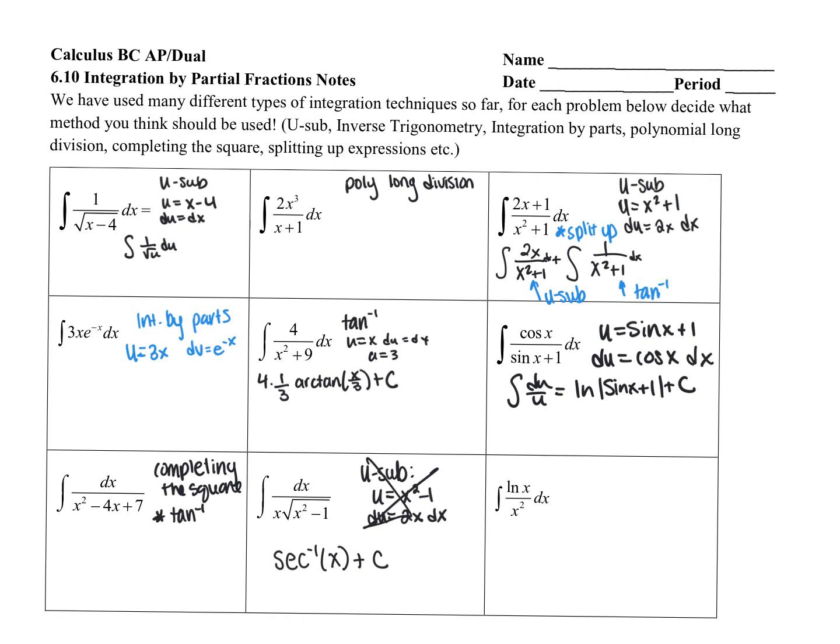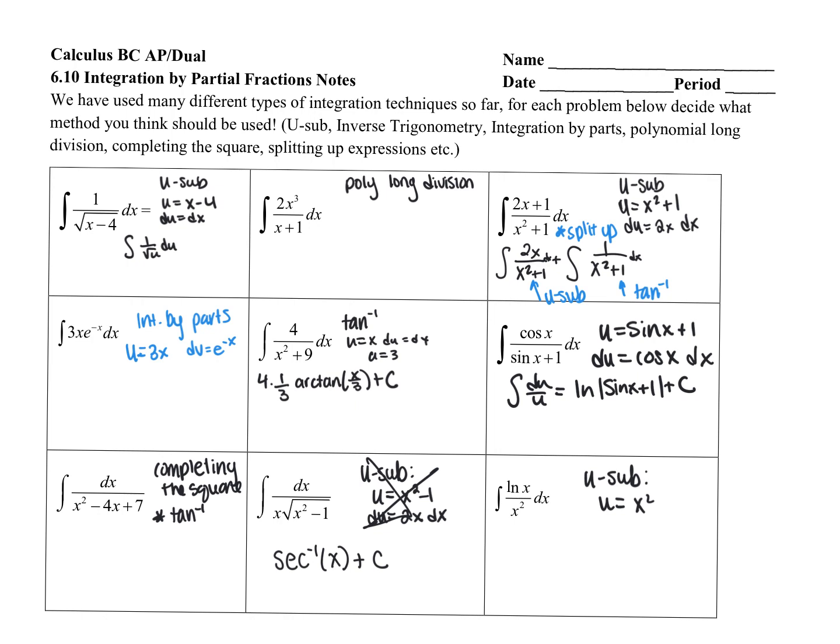And this last one is probably a little tough. I think the most common answer I've seen today is u sub. I definitely think that is tempting. What would you pick to be your u if you were going to pick u sub? If we pick u to be x squared, what's du going to be? 2x.